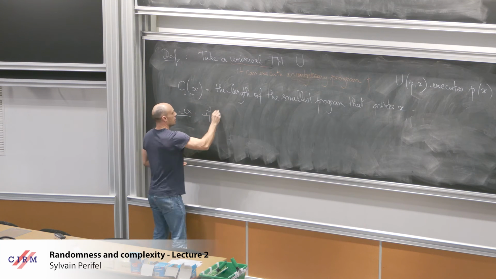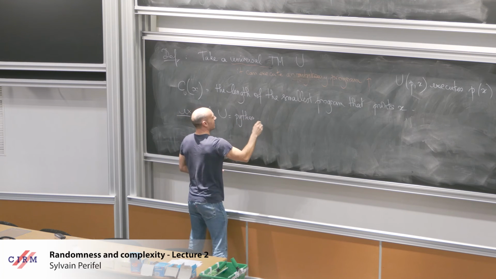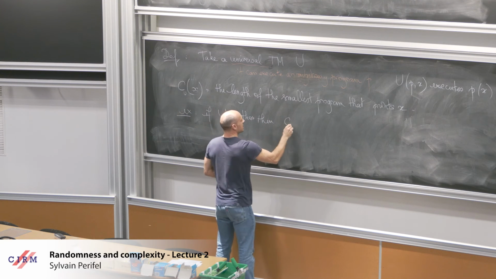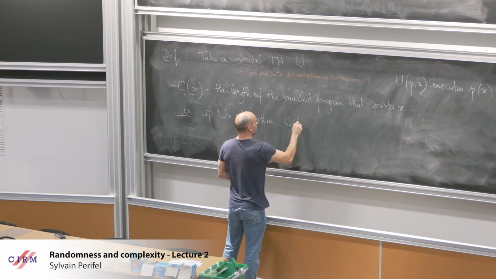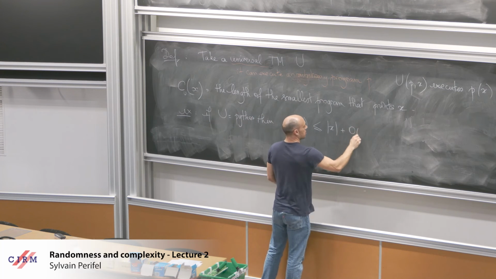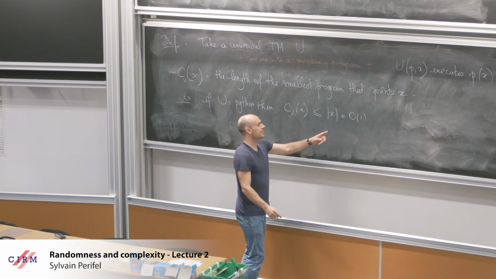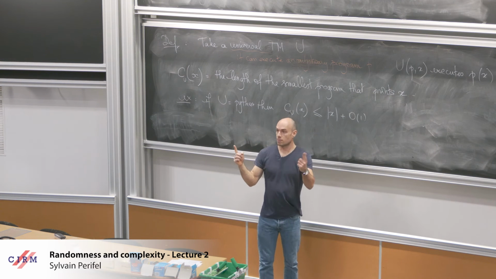So example. If U is Python, then C_U of x is always less than the size of x plus some constant. So what is the constant? This is the length of the instruction print, okay?